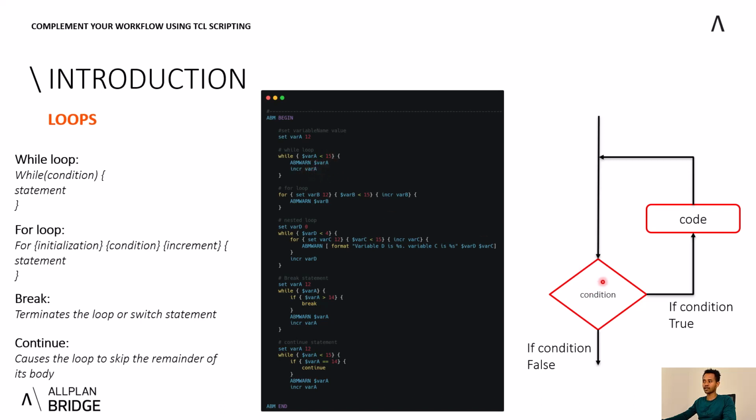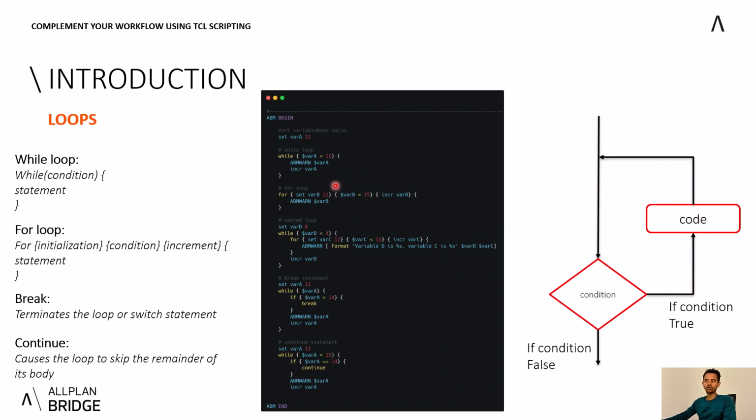We check var a 12 is less than 15, okay, go execute this, and it comes back and checks again. If it's just 12 less than 15, this will keep on going indefinitely. What we want is an increment. So we check 12 is less than 15, execute the code, and increment var a. So from 12 it becomes 13, and it will be checked: 13 less than 15, execute, 14 less than 15, execute, and it goes on. So this is the while loop.